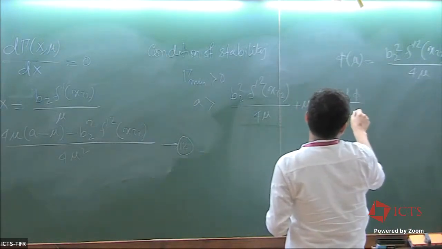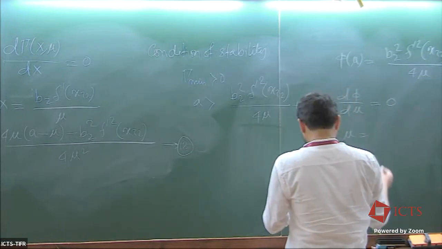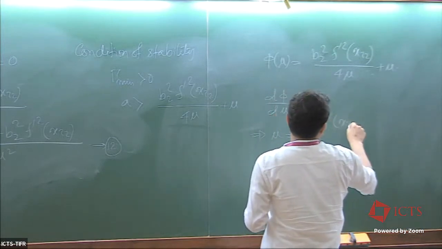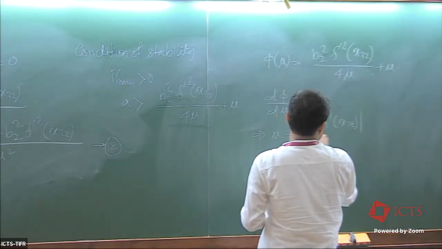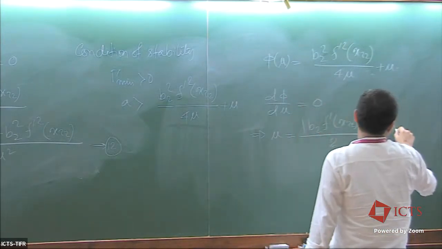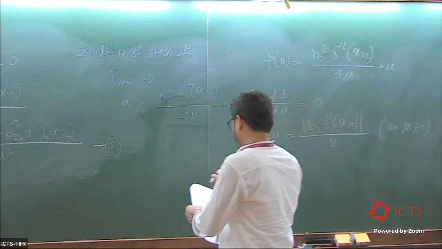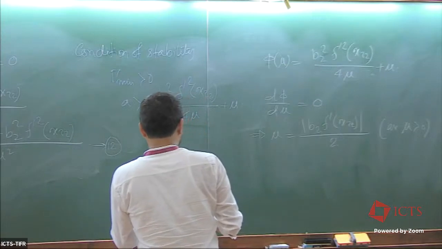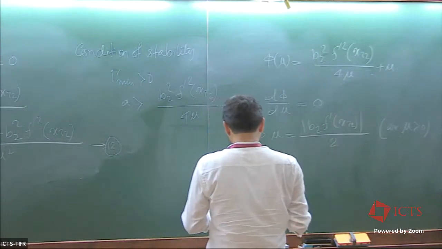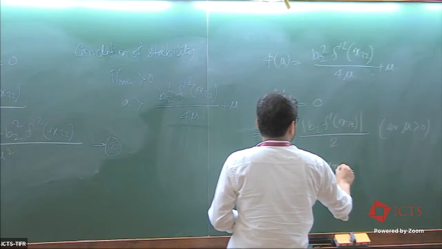D phi d mu is equal to 0. This gives mu is equal to modulus of b2 f prime x of tau 2 divided by 2, as mu is positive. With this value, we get phi minimum value equal to mod of b2 f prime x of tau 2.